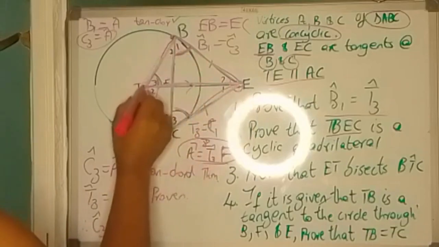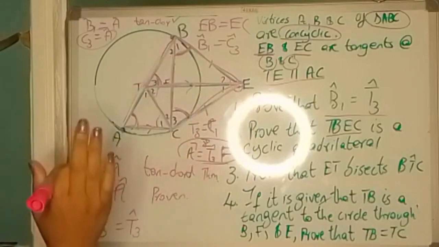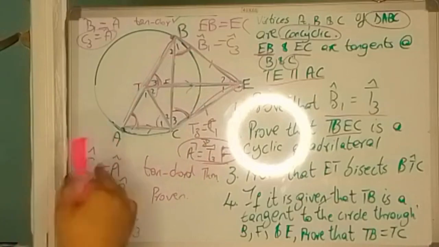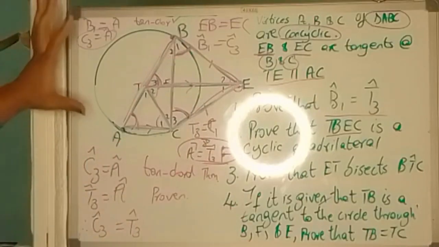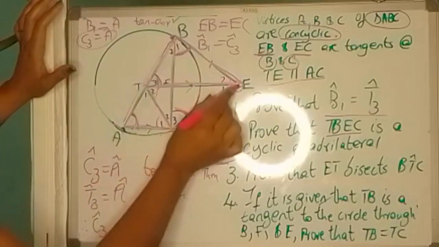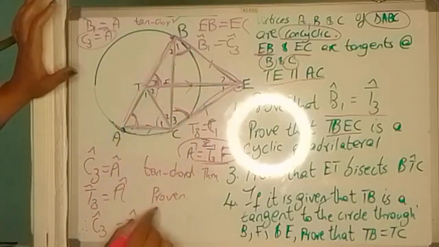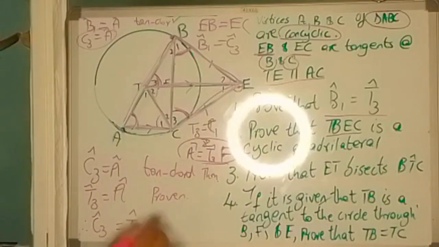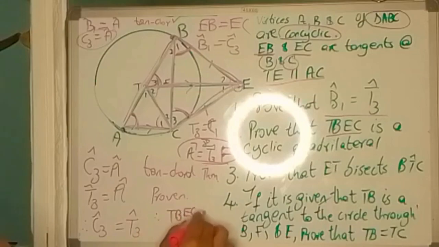What does that mean? They are in the bow tie inside what is supposed to be proved as a cyclic quad. We have two angles subtended by BE, so that means two angles on the same segment being equal. Therefore, TBEC is a cyclic quad.